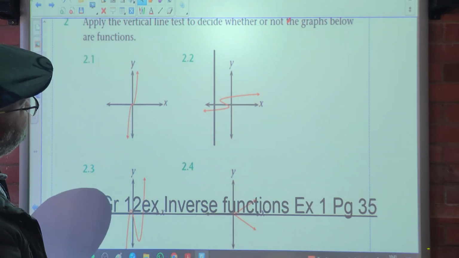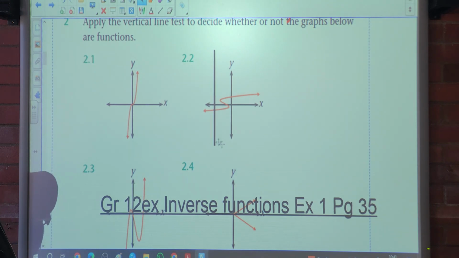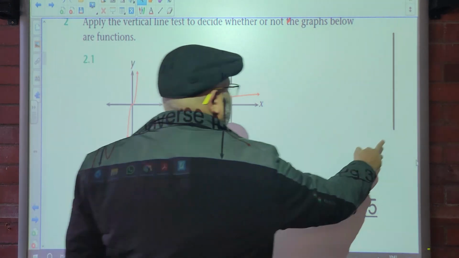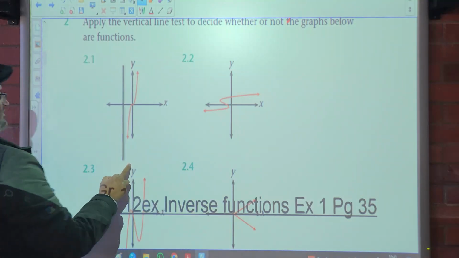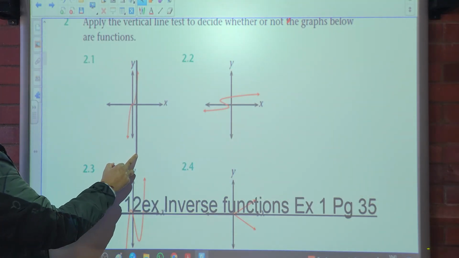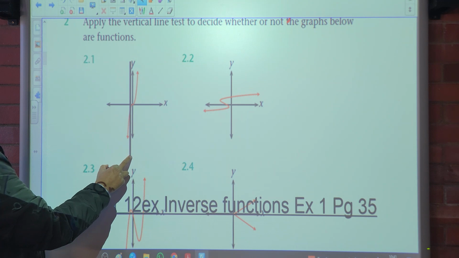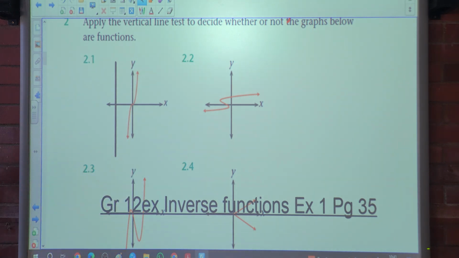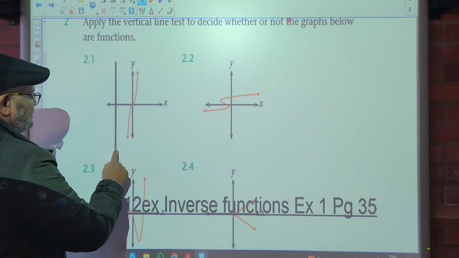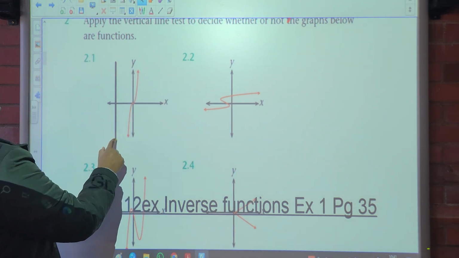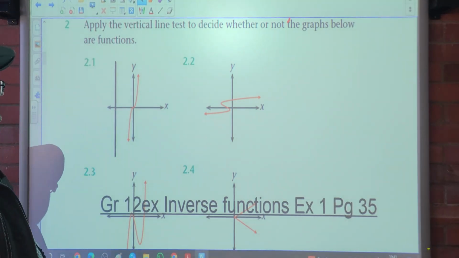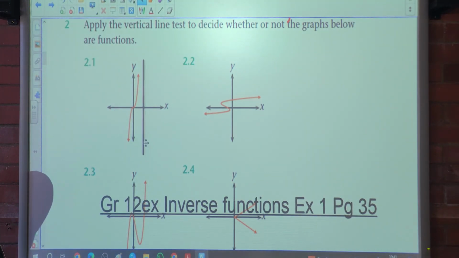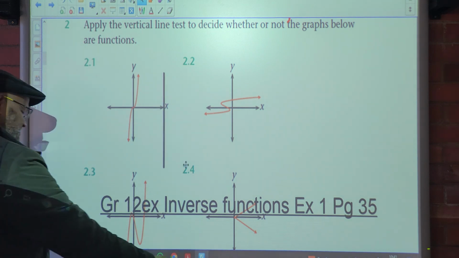In the first case, would this graph pass the vertical line test? Yes. As you can see, the vertical line is cutting the graph at one point only, anywhere along that graph. If that is the case, we will consider it to be a function. You guys understand? So number 2.1 is a function.